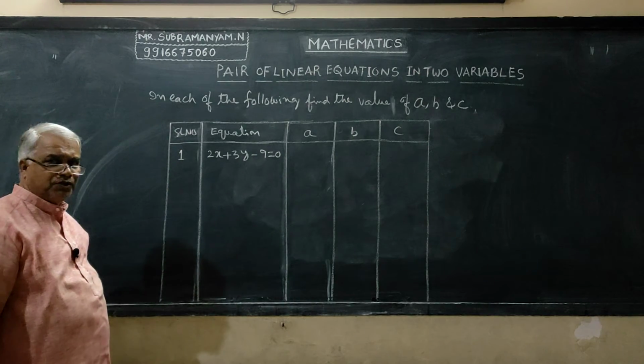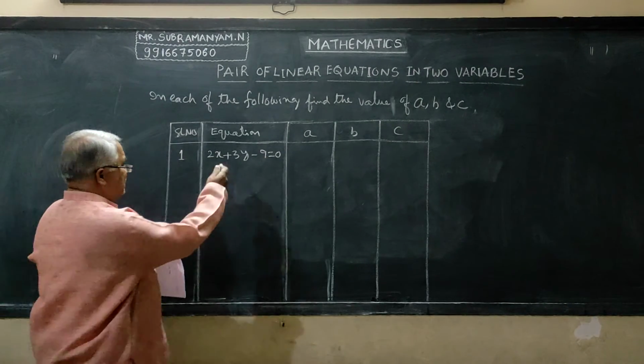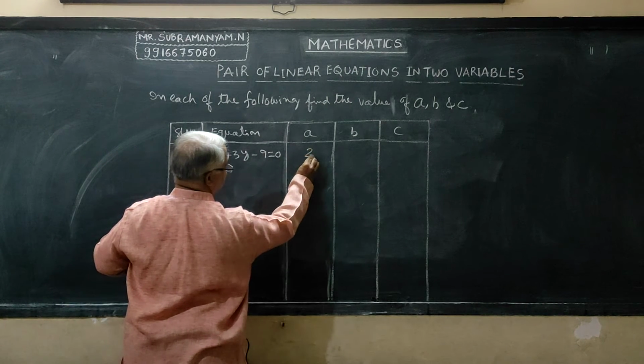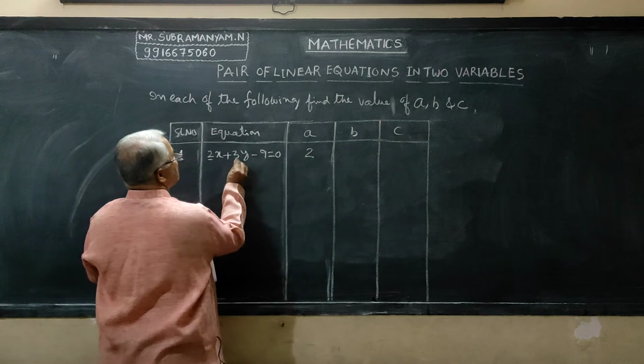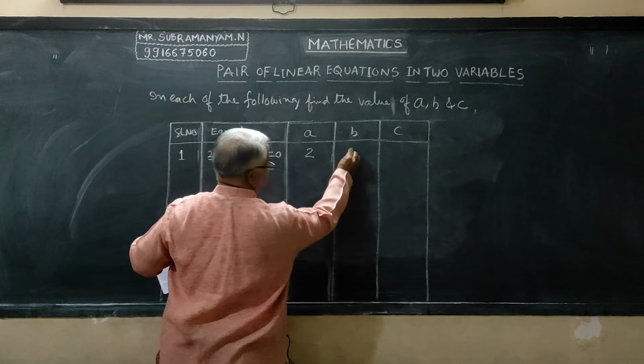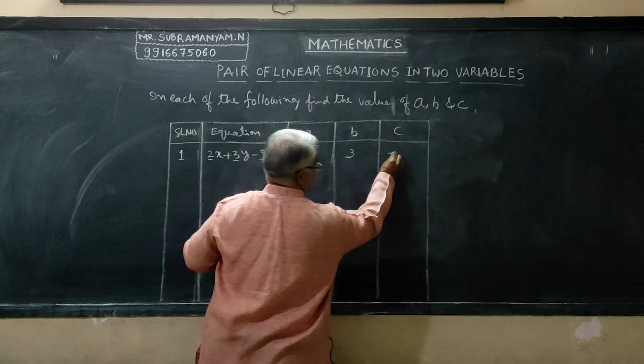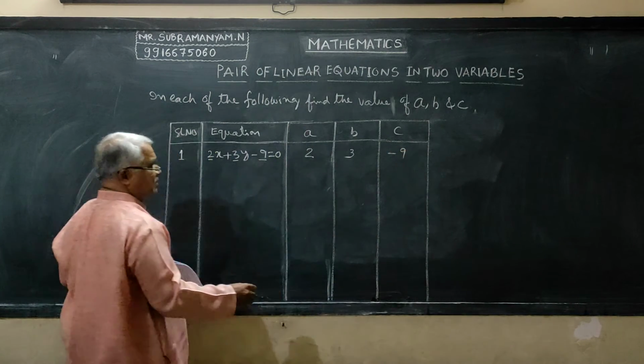In this, we should find the value of a, b and c. This is a value, we write 2. This is b value, it is 3. c value, it is minus 9.